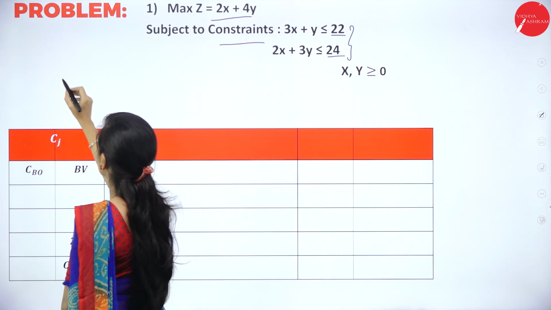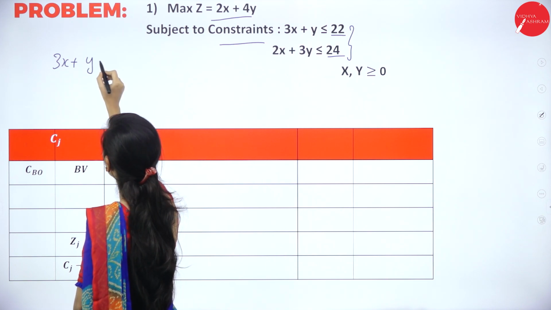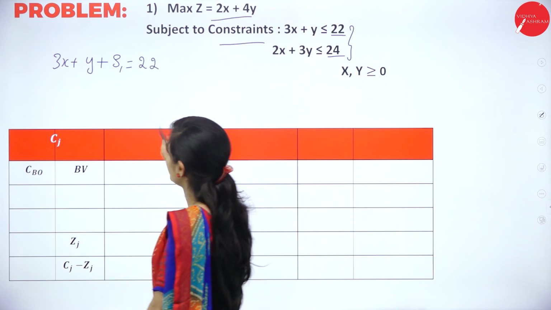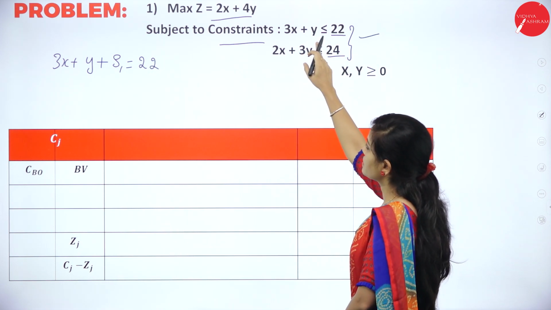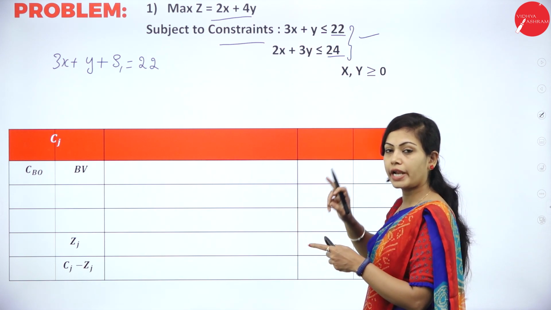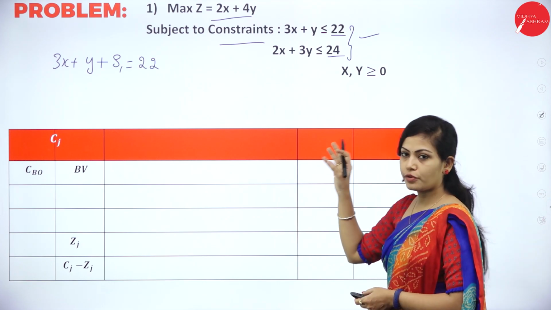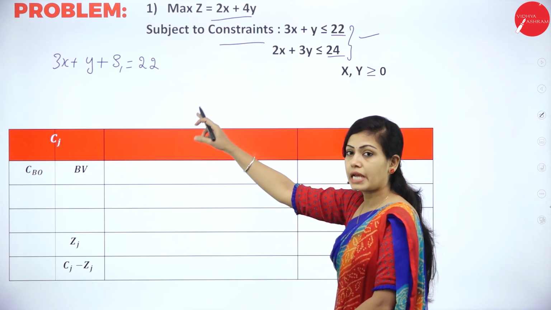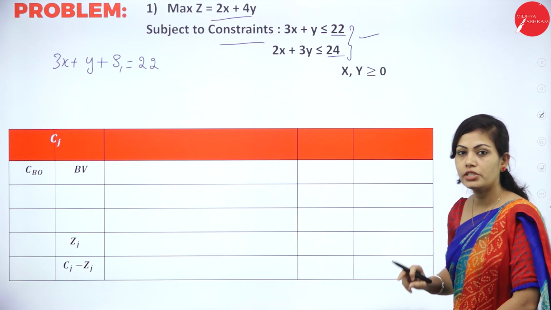You have two constraints. The first constraint is 3x plus y less than or equal to 22, which means it is in inequality format. So, the first step is you need to convert this constraint into standard form. Standard form means converting these inequalities into equations.